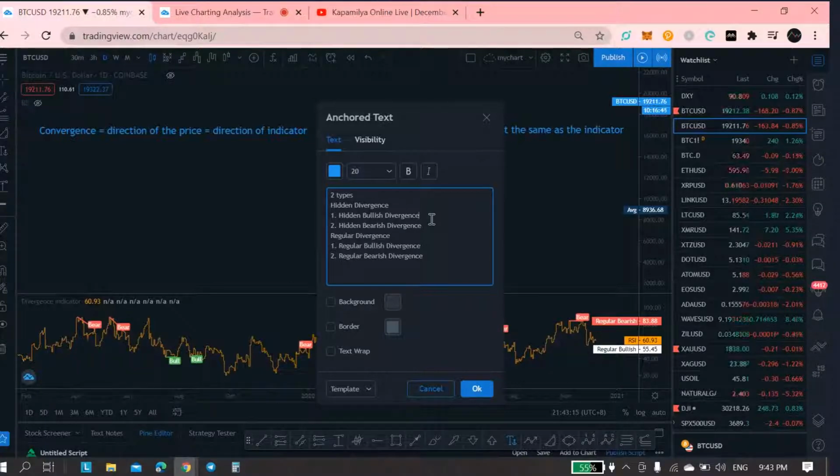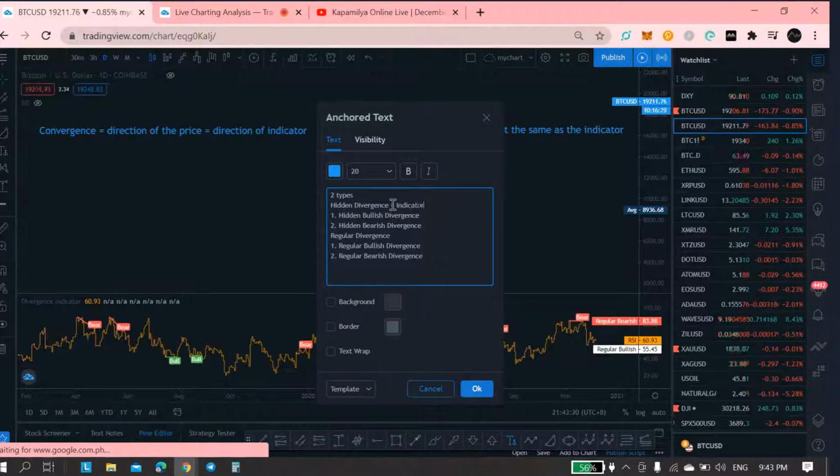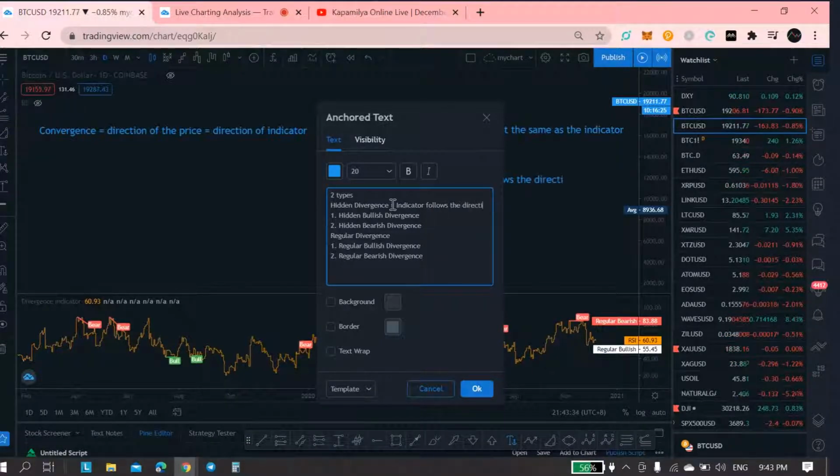So that's it. When we say hidden divergence, the indicator follows the direction of the price.